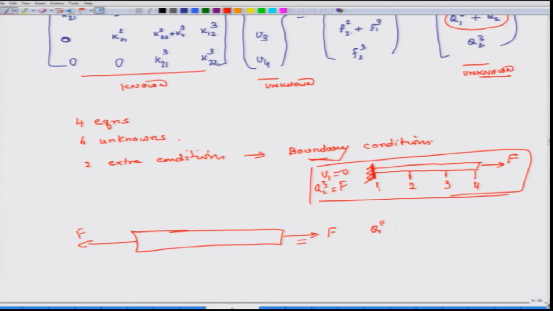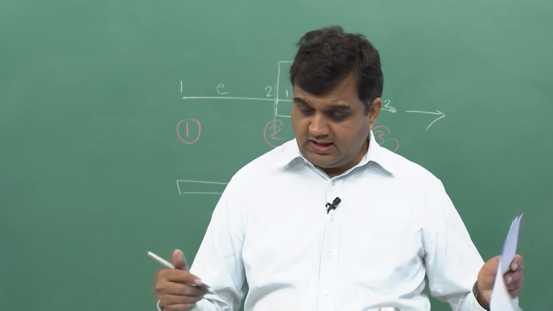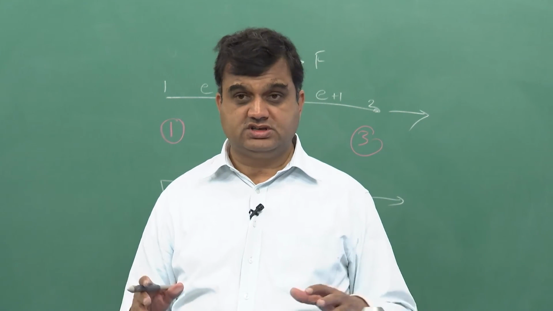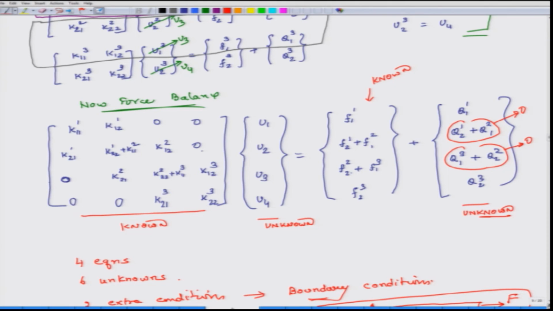So, Q11 is equal to F and Q23 is equal to F, right. So, likewise we have to get 2 extra conditions from boundary conditions. Once we get those, then I have an equal number of unknowns and equations and I can solve those, and then I get the solution for the overall system.